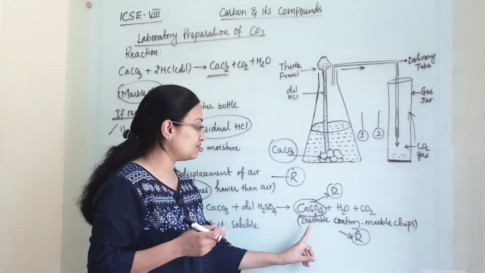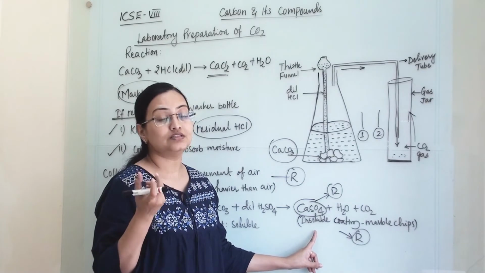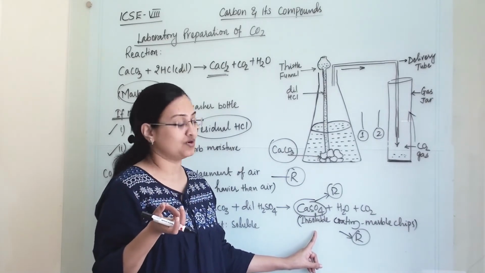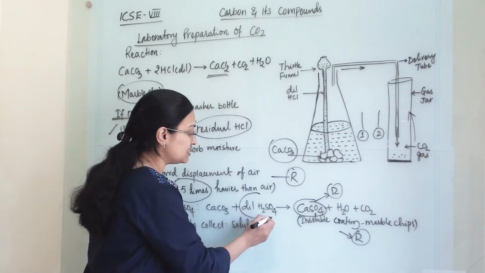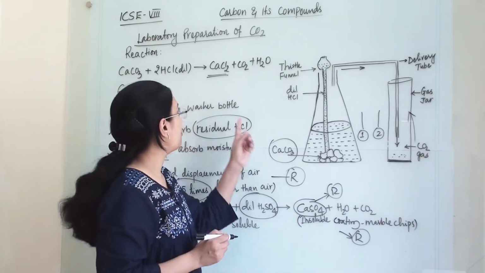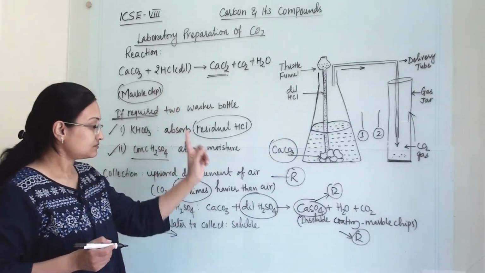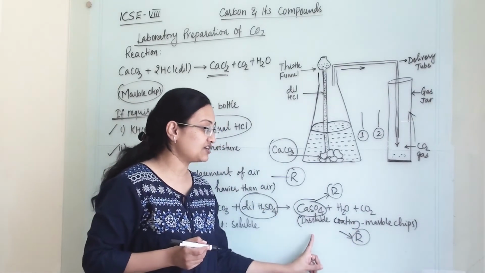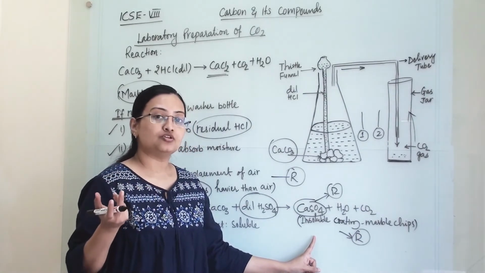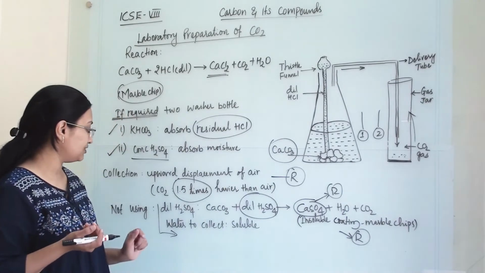So that's why we are not using dilute sulfuric acid in place of dilute hydrochloric acid, because this reaction will stop the formation of carbon dioxide gas.